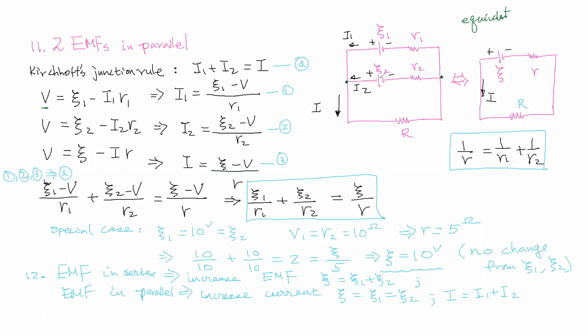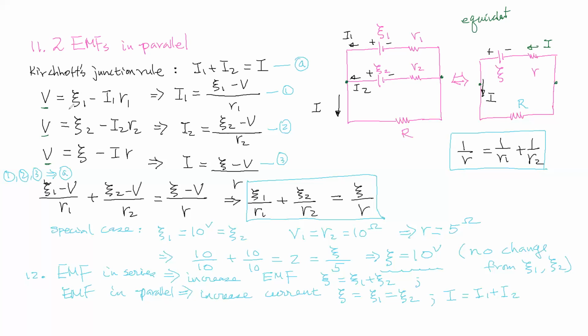It's also equal to epsilon 2 minus I2 R2, so I'm writing that. And this point to this point is equal to epsilon minus IR, right? I is going this way. So these three all have the common voltage.